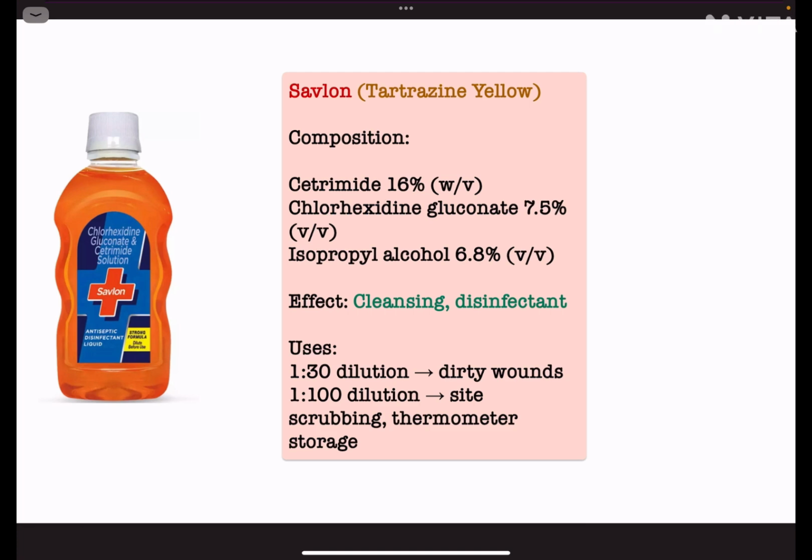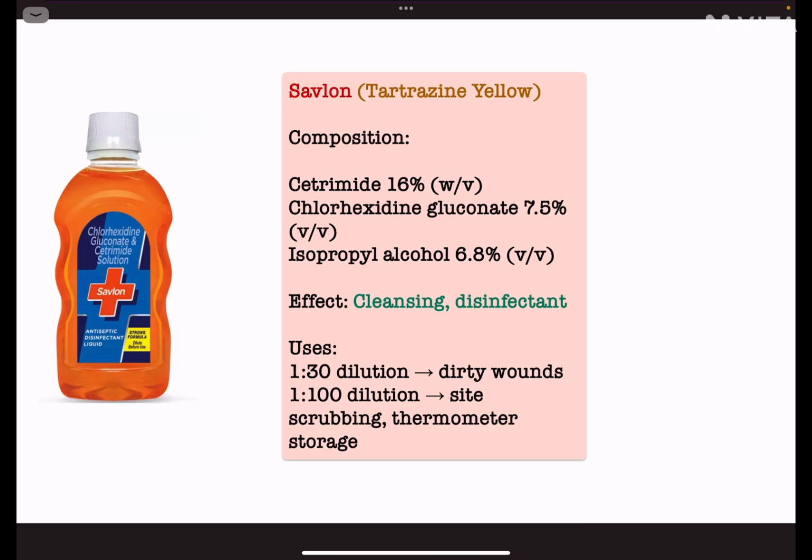So isopropyl alcohol is 6.8%, chlorhexidine gluconate is 7.5%, and cetrimide is 16%.